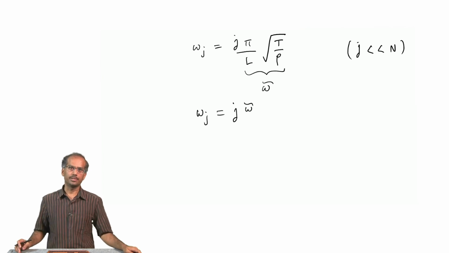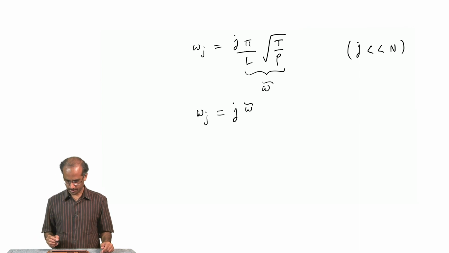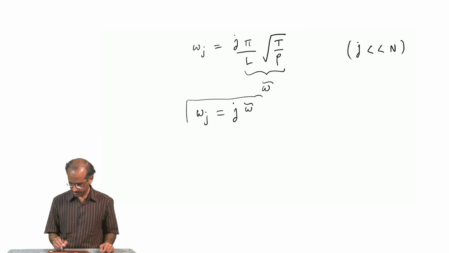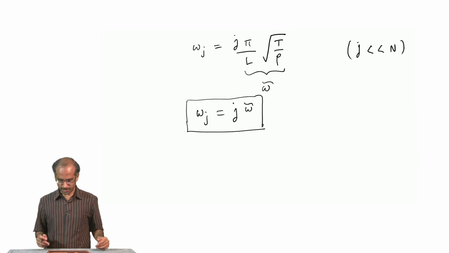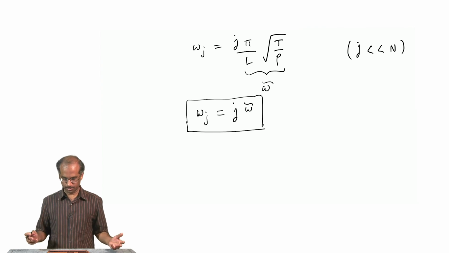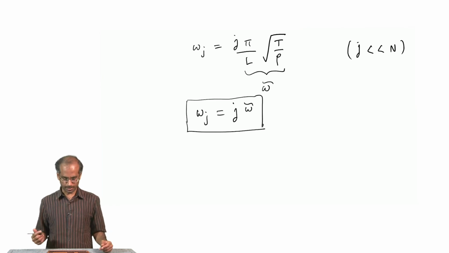Second overtone would be 2 multiplied by omega tilde, and so on. So, this is a little more elegant, but it is valid in the limit when j is much smaller than n. With this result, I will stop this module's lecture, and we will continue and look at the consequences of all these results in the next module.